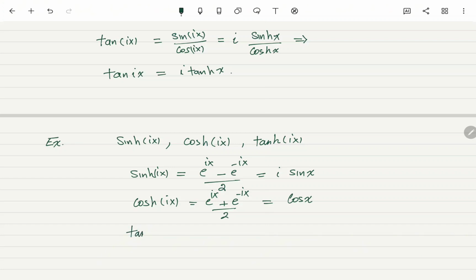Tan hyperbolic ix equal to sine hyperbolic ix over cosine hyperbolic ix, which is actually i tan x.